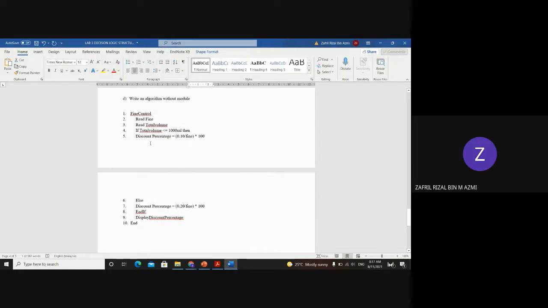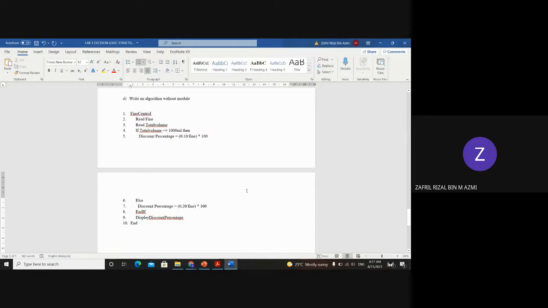This is also correct, but what you are missing over here, if you put it like this, is the indent marks. This is supposed to be slightly to the right because it belongs to this one. This is the parent and this is the child. So you need to put it slightly inside, meaning that this belongs to this statement. Then it goes to else.